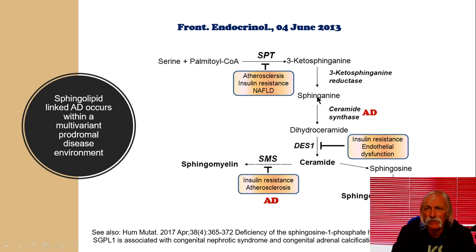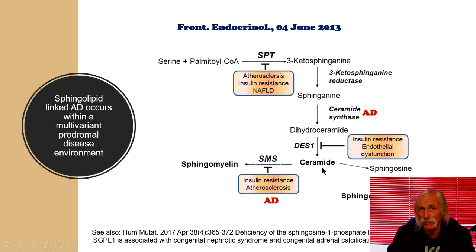But if you do make it down to sphinganine, ceramide synthase is still functional in Alzheimer's disease, for example, making dihydroceramide. But once you get to the desaturase step, again, things like type 2 diabetes, obesity-linked diseases like insulin resistance, endothelial dysfunction like in cardiovascular disease, that all blocks the synthesis of ceramide.